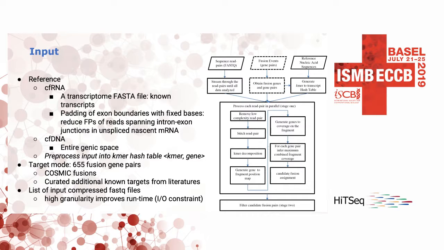In the target mode, we curated about 655 current known fusion gene pairs from the COSMIC database, and some additional known targets curated from the literature. The input consists of a list of compressed FASTQ files. If the sample is sequenced, let's say in 8 lanes, you get 8 pairs of FASTQ files.